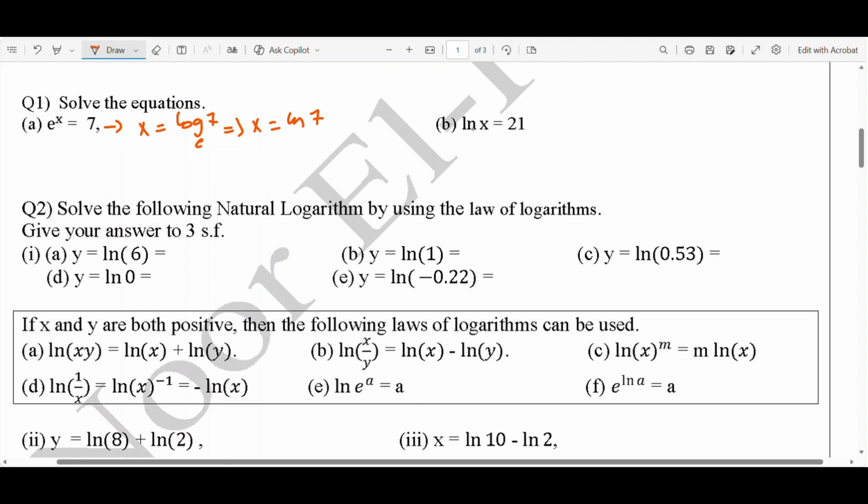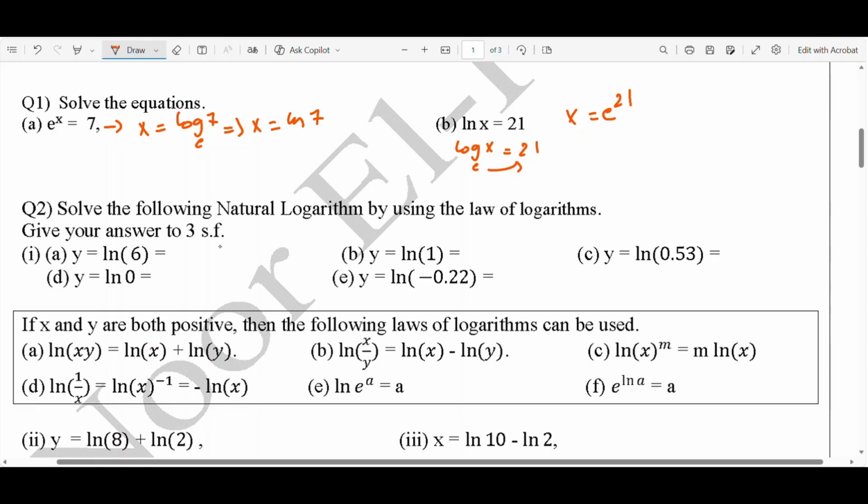Same here: ln x equals 21, that is, log x to the base e equals 21. So x equals e to the power 21. Now you have to know that e is the inverse of ln and ln is the inverse of e, and I'm going to solve these two equations more easily this way.